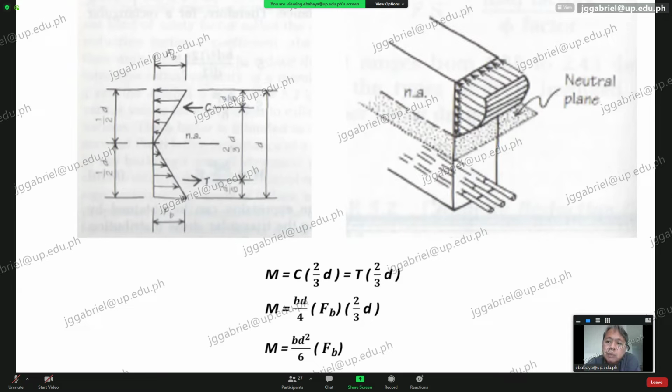Wala na siyang contribution. For the part that is in tension, what contributes there are the reinforcements lang. Okay?